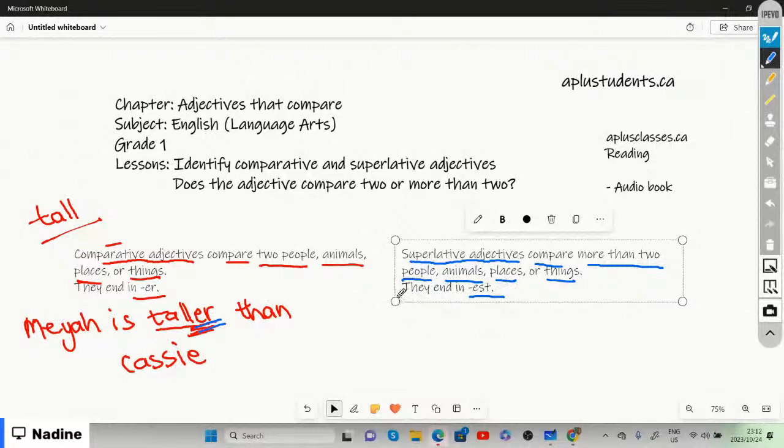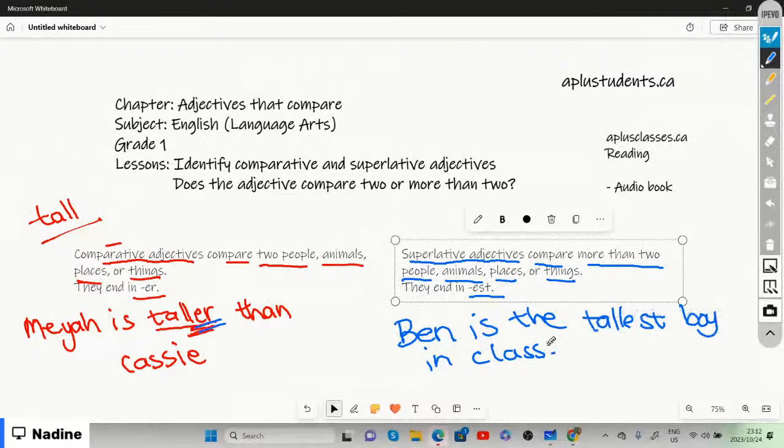Which means that if Ben is taller than both of them, we can say Ben is the tallest, let's say maybe in class, or the tallest boy in class.